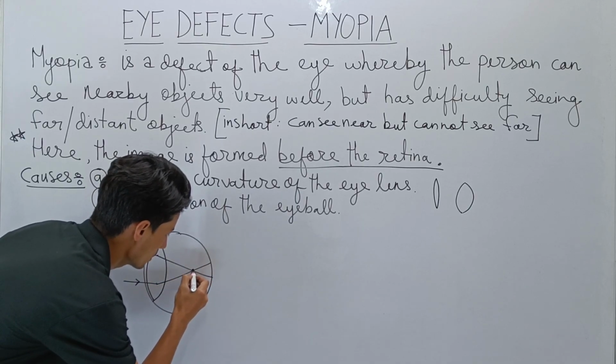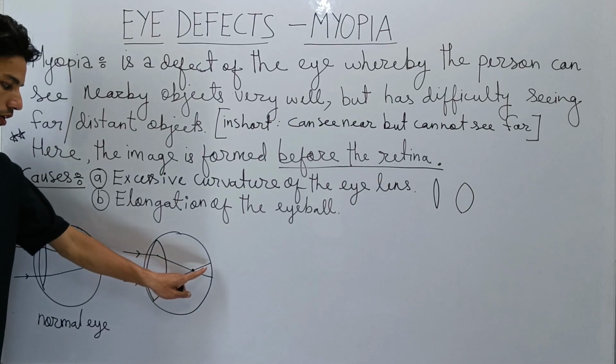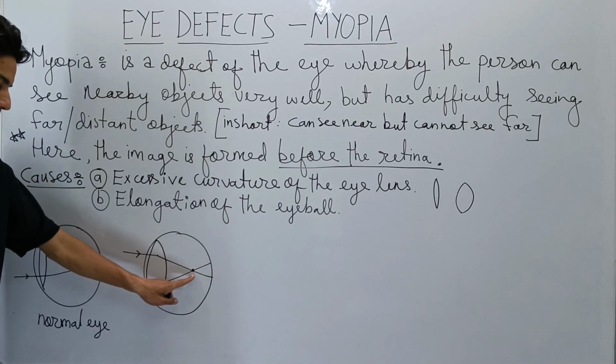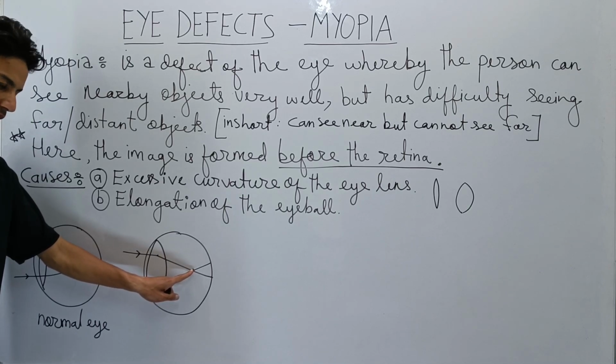The rays are meeting here, before the retina. The convergence of the light rays is happening before the retina. This is where the two refracted rays meet.